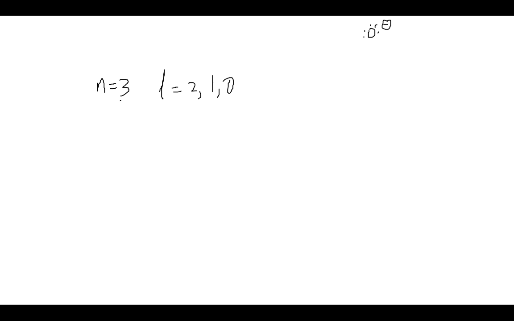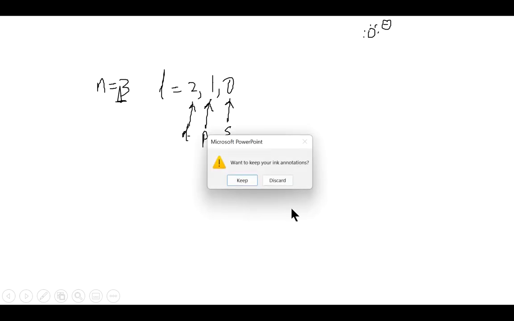So what this means is that in the third shell, you have three subshells. You have the L equals 2 subshell, L equals 1, and L equals 0. 0 would represent the s subshell, 1 would represent the p subshell, and 2 would represent the d subshell, all right? So that's basically what the L value is all about.